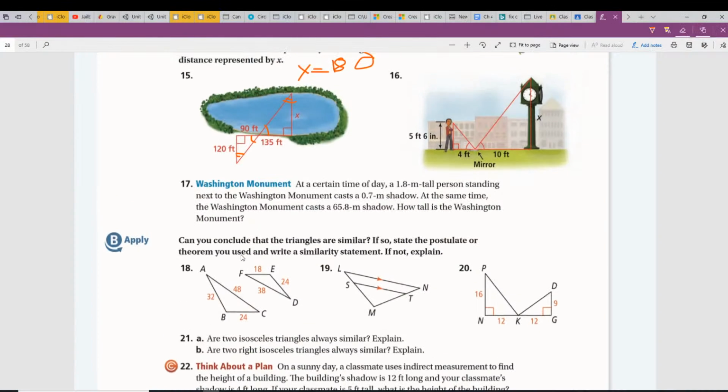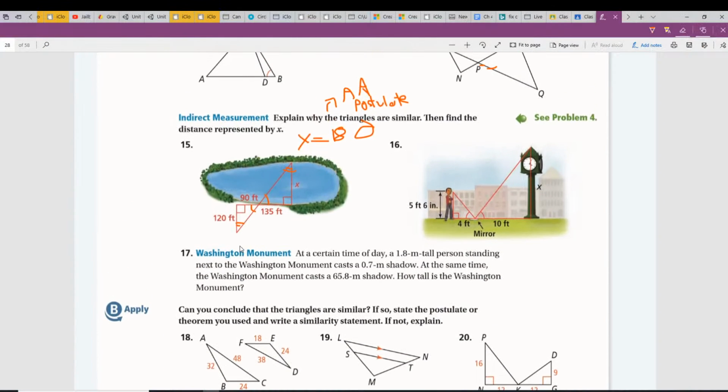Okay, so we have right here, at a certain time of day, a 1.8 meter tall person. So let's draw a little person right here. It's 1.8 meters, and is standing next to the Washington Monument.